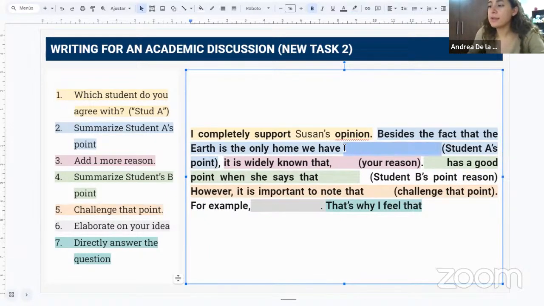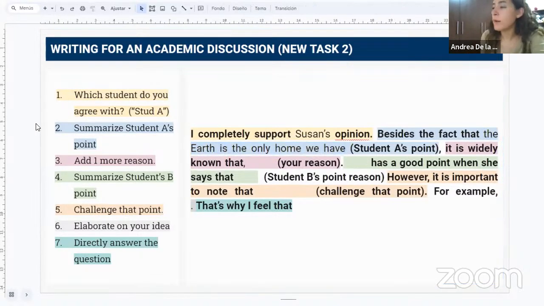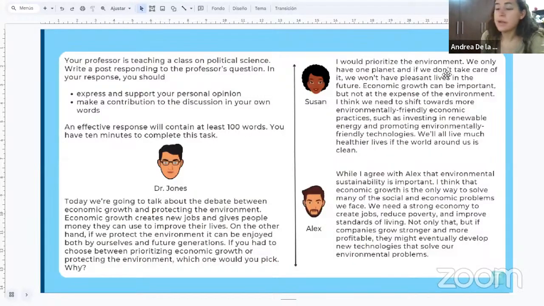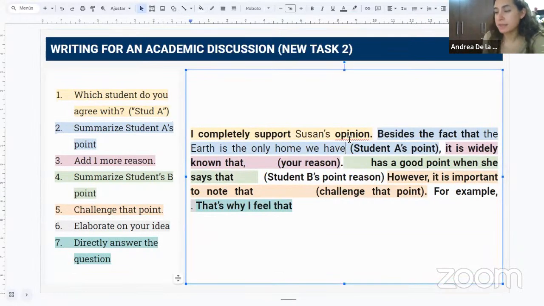Something like this, right? At the end of the day, I'm paraphrasing. You don't have to copy and paste. You cannot say, besides the fact that we only have one planet, right? We paraphrase it. The Earth is the only home we have. That's it. We are saying the same, but in different words. That is Susan's point, right?